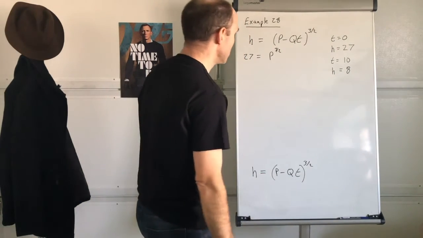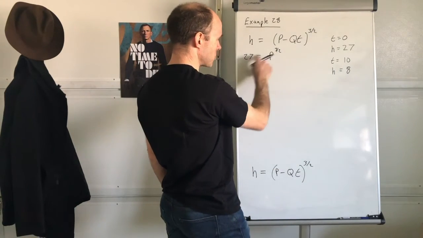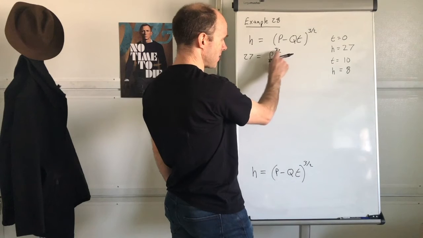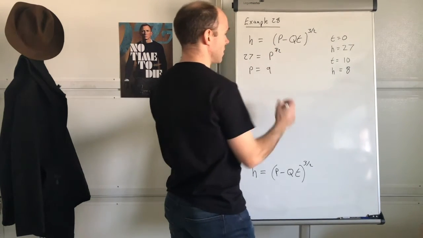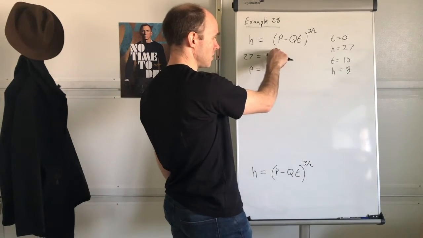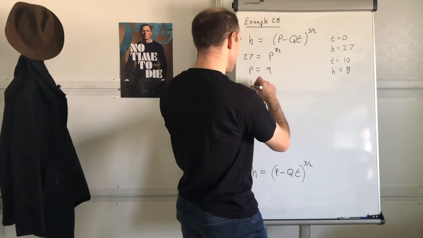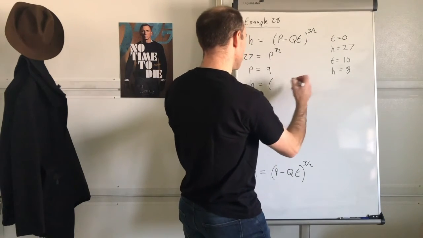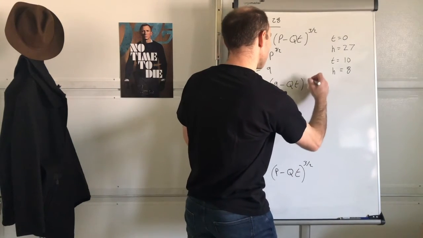Cube root of 27 is 3, and then square it, you get 9. So P is equal to 9. If you're in doubt, 9 to the power of half is 3, and then cube it is 27. So maybe I'll just write down our new equation, 9 subtract QT, all to the power of 3 over 2.